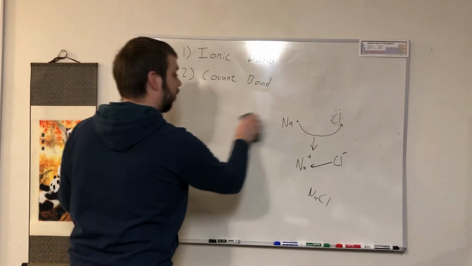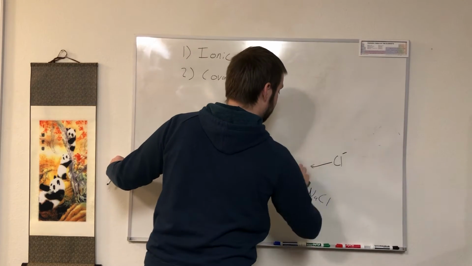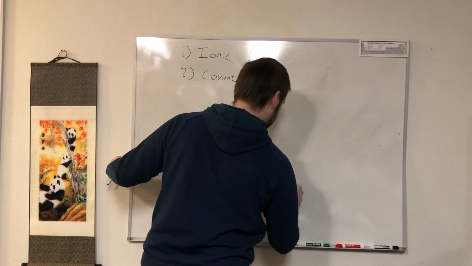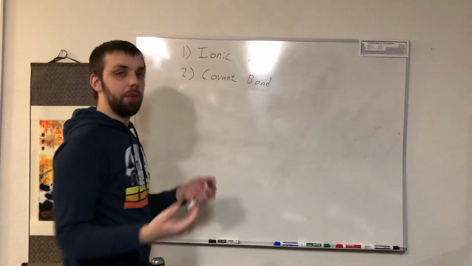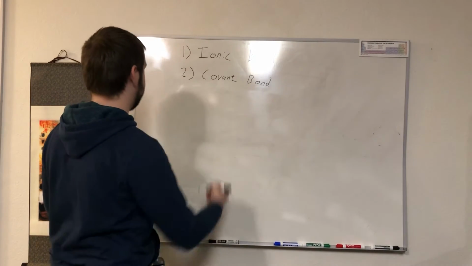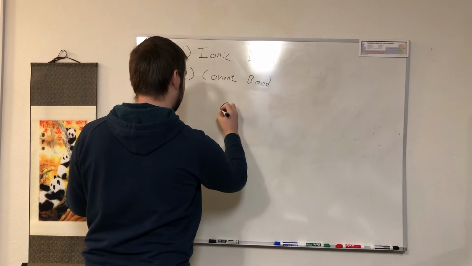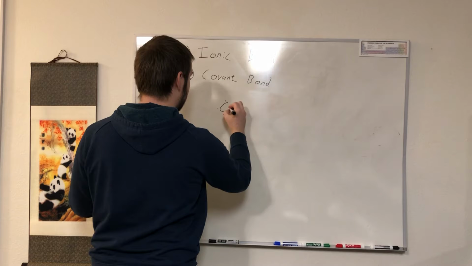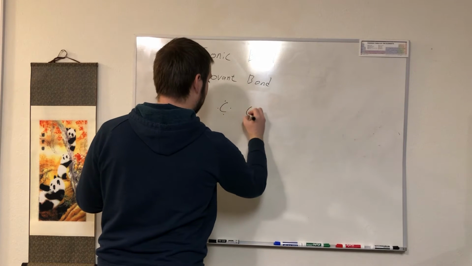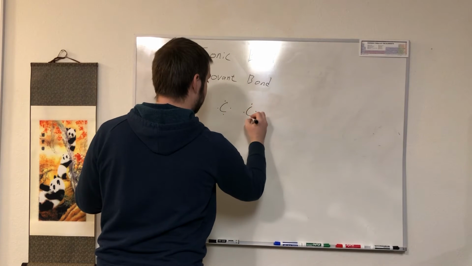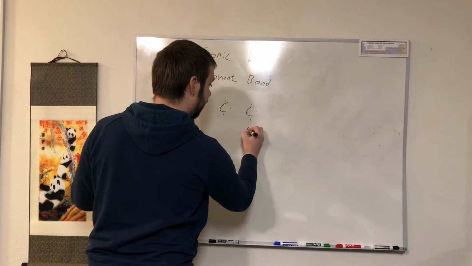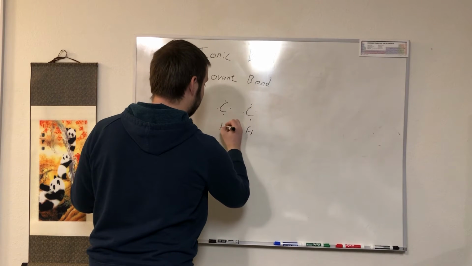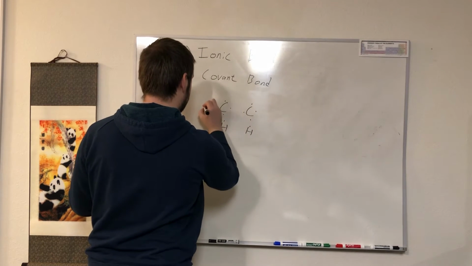Now let's talk about covalent bonding. I think you probably have seen a lot of examples of covalent bonding by now, so we can look at just a very simple case. If we have a carbon, it has some electrons, and we have another carbon over here. Let's say they're bound to hydrogens on either side, just to fill up their octets.